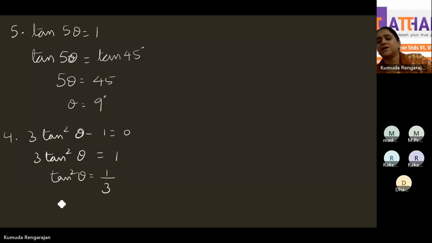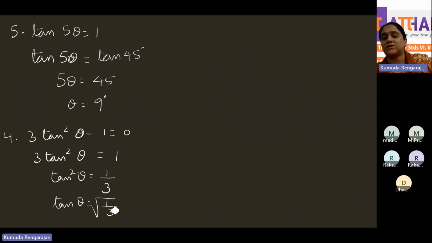Okay, then if a square is 1 by 3, what is a? If a square is 9, what is a? Square root of 9, right? So if tan square theta is 1 by 3, what is tan theta? Square root of 1 by 3.